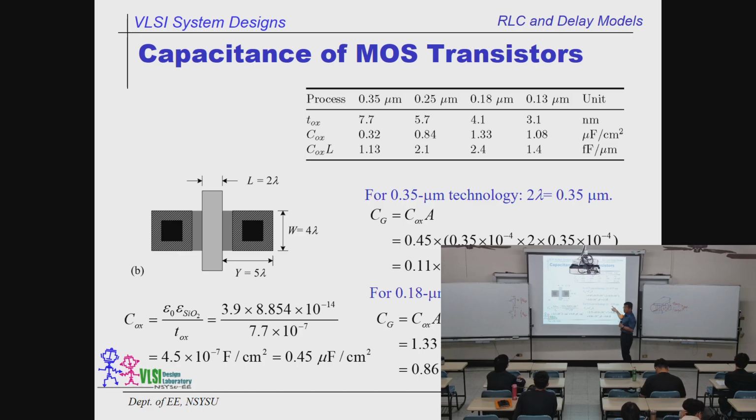Okay, if you use the minimal size, 0.18, and the single gate capacitance, C oxide times A with a minimum number. So 1.33 is over there, see that? Okay, times 0.18 times 4 times 2 times of this one, 2 lambda, and this is what you get.